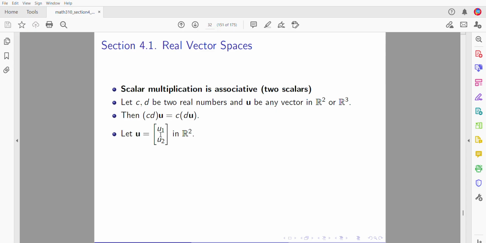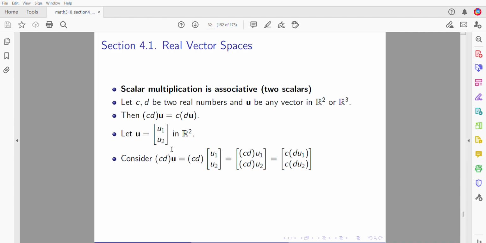Let's prove this. Let U be the vector U1, U2 in two-dimensional space. CD times U. Well, CD will go to each component. Now, multiplication among real numbers is associative, so the parentheses can be moved over, which means this scalar can jump out.